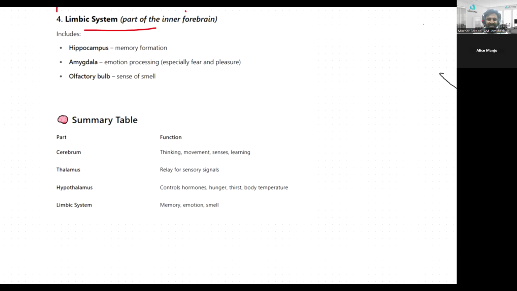Now the next part is the midbrain. Midbrain is the reduced part of the total brain.